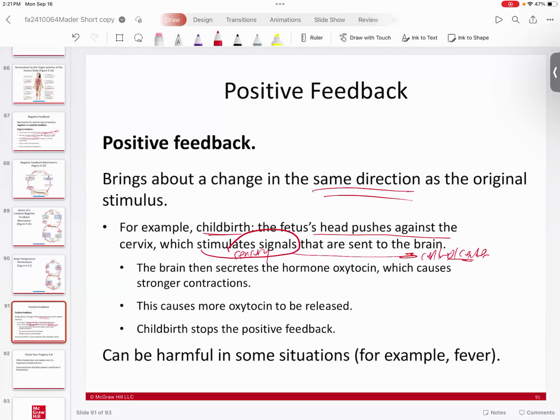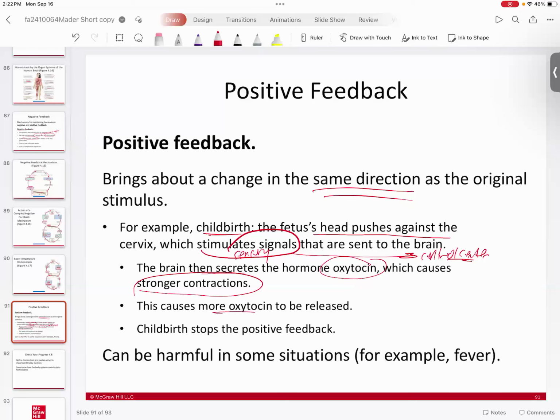And then the brain, in response, will secrete the hormone oxytocin, which causes stronger contractions of the uterine lining, or the musculature of the uterus, causing essentially the labor contractions. And so the more physical pressure the baby's head puts on there, the more reinforcement oxytocin gets.